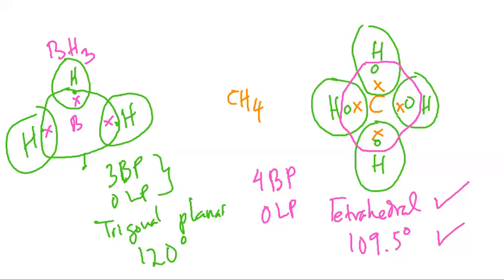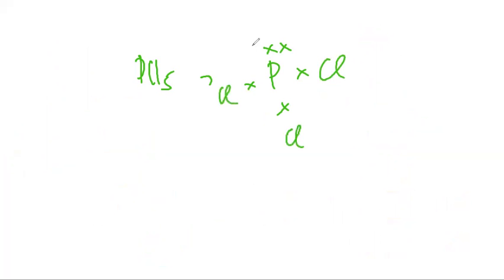The other one is the shape of PCl5. I have a molecule of PCl5, so I have a P, 1, 2, 3, 4, 5, and then Cl, Cl, Cl, Cl, Cl.